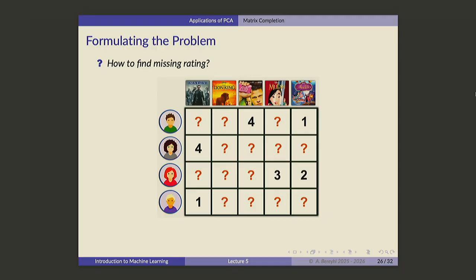This is the naive way of doing it, but in principle you don't need to do that. You can start from this matrix and complete it, if you know that this matrix is just a low-rank matrix, so it's UU transpose. There are not too many choices to have 2 here, 3 here, 4 here. But I don't want to complicate things. For now, I assume that you have a bunch of users who have seen all the movies.